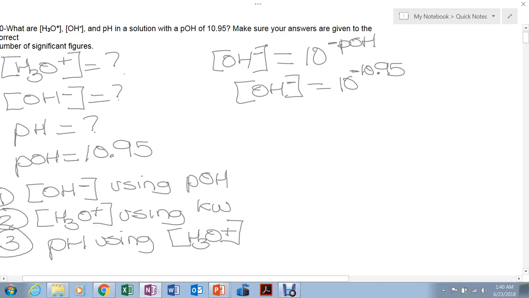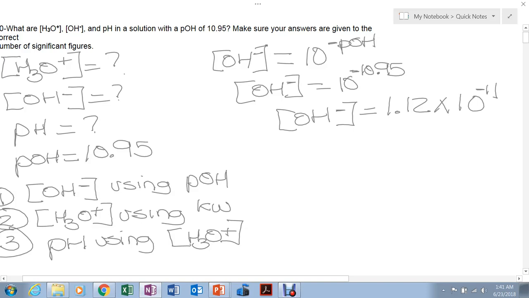That seems like an acidic solution. So here the concentration of OH negative would be equal to 1.12 times 10 to the negative 11.